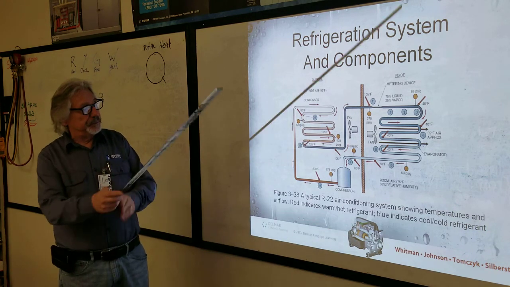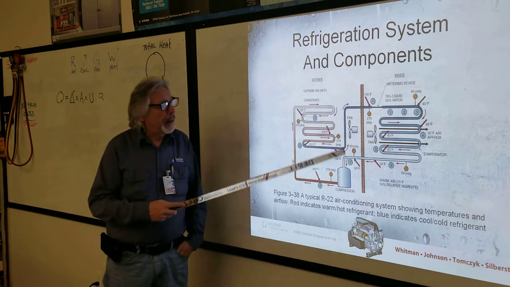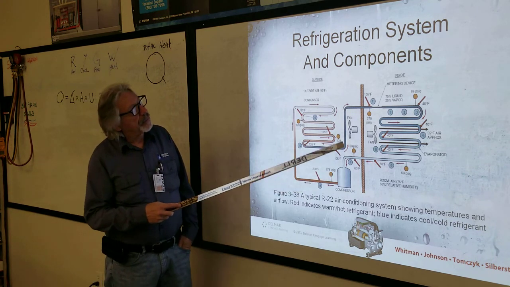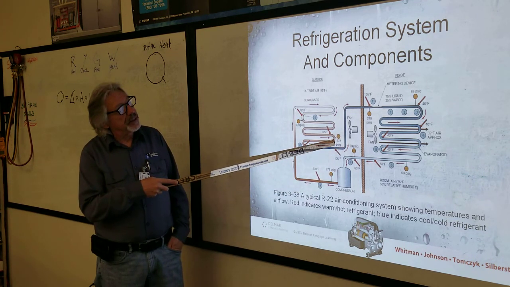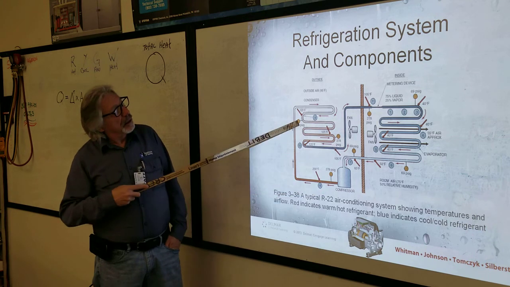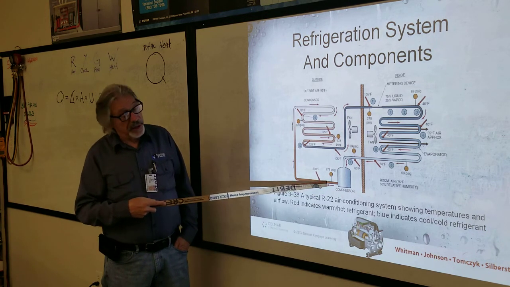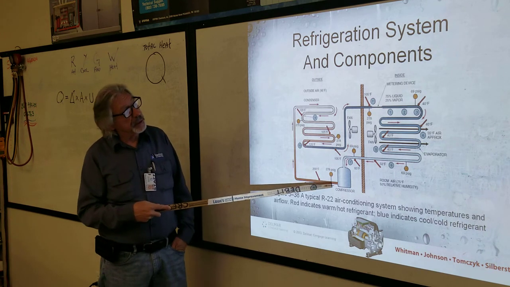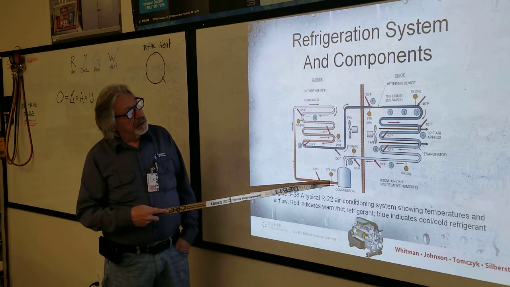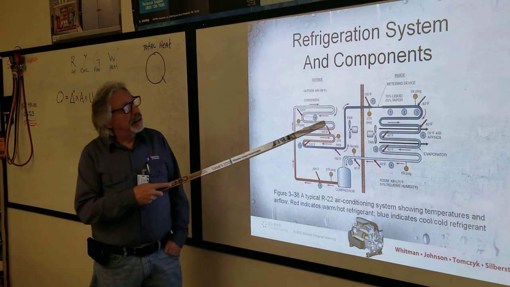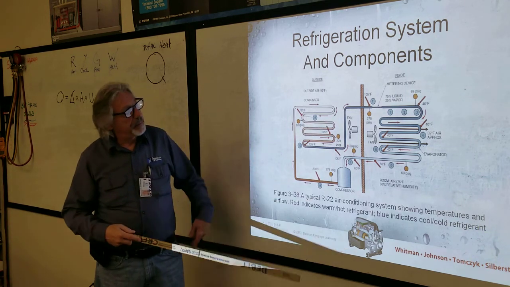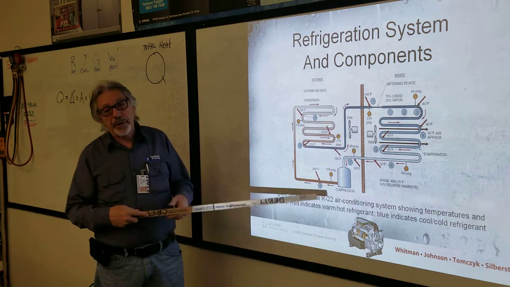Okay. Notice the pressures on this system: we have a pressure right here of 278 psig, pressure over here of 278 psig, a pressure down here of 278 psig. All through the high side of the system, it's a constant pressure.